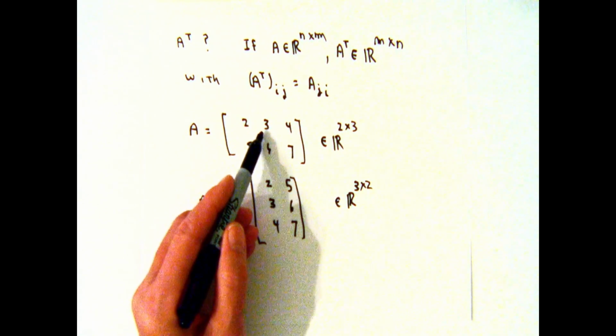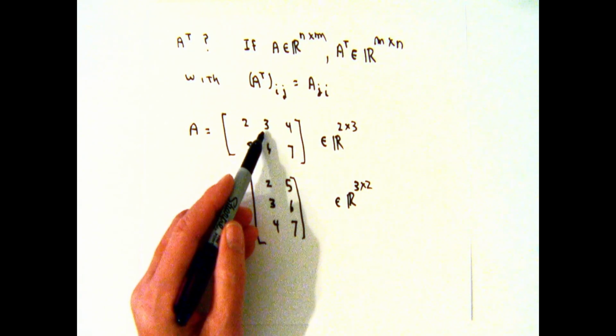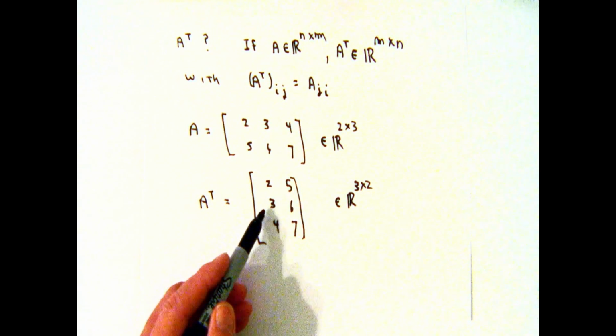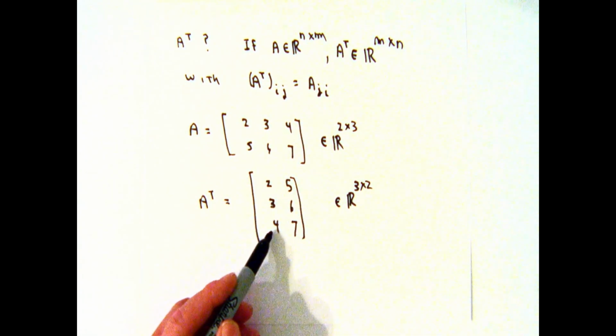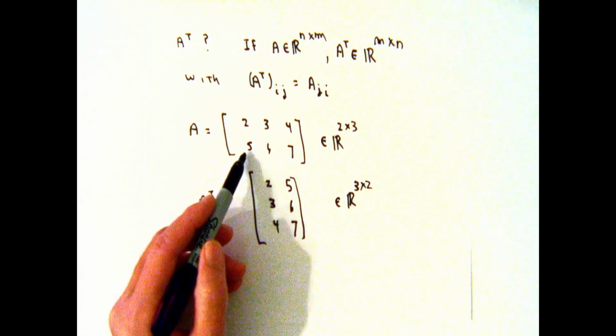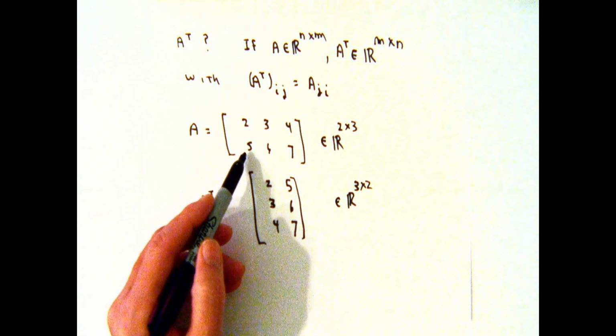In the original matrix, this has indexes 1 and 2. When I interchange those, I get 2, 1, second row and first column. This number is in row 1, column 3, so in the transpose, I'll write that number down in row 3, column 1.